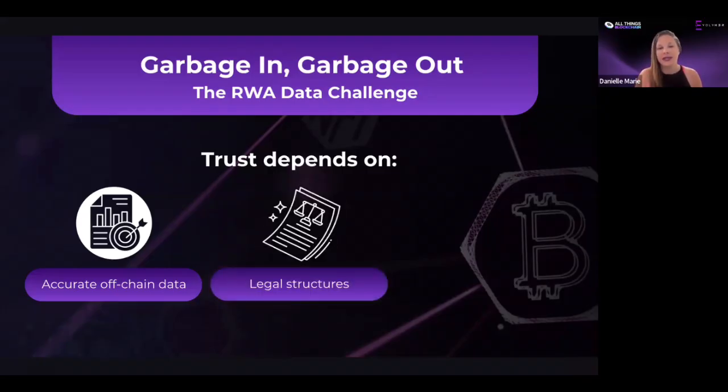And you have to think about the legal structures. Now, we're not going to unpack that too deep today. I briefly touched on some of the potential solutions and the regulation, but I'm definitely not a lawyer, nor do I specialize in RWA legal structures.